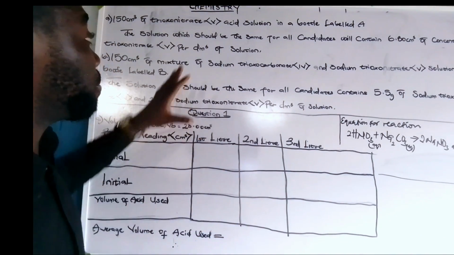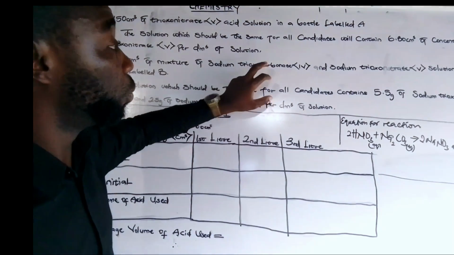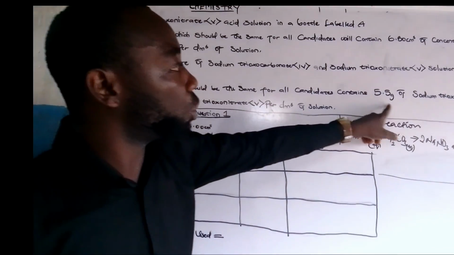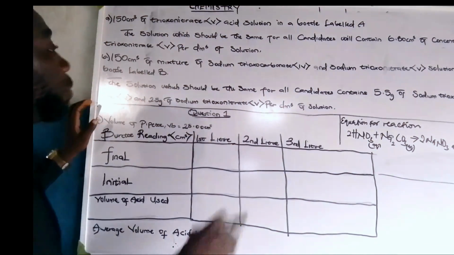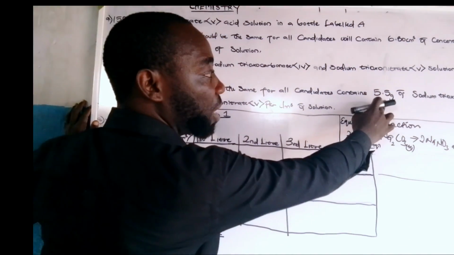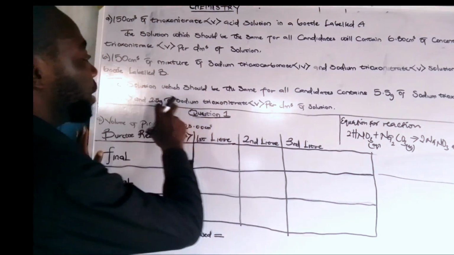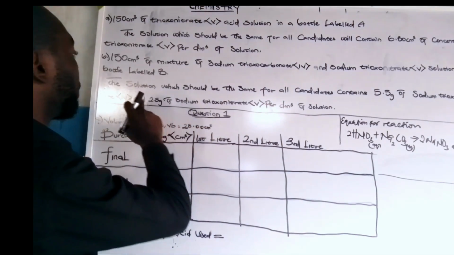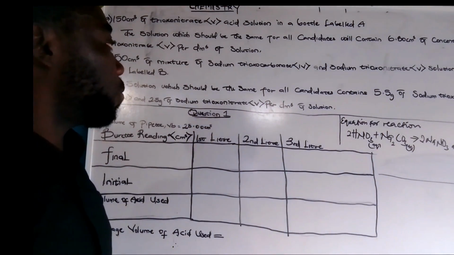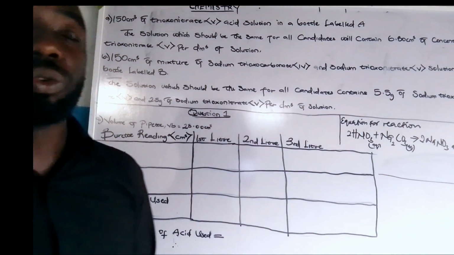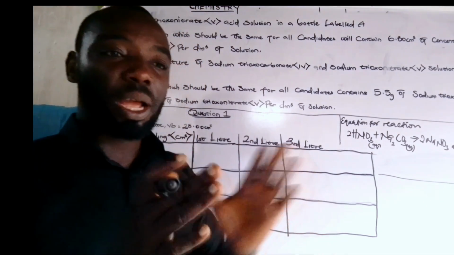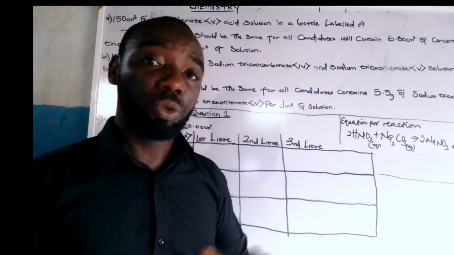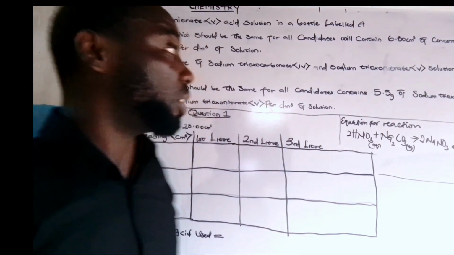Each of these substances should be present in its stated amount: sodium trioxocarbonate(IV) should be 5.5 grams, while the sodium trioxonitrate(V) should be 2.5 grams. You just mix both of them together and dissolve in 1000 ml, or 1 dm cube. So that is what you are expected to do.